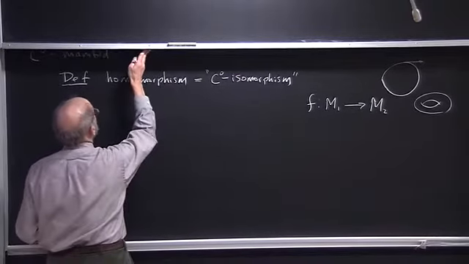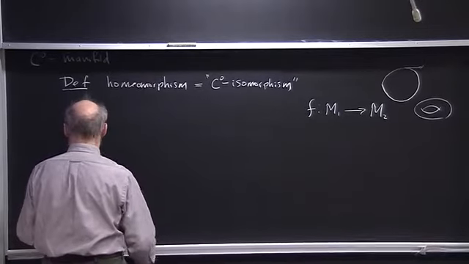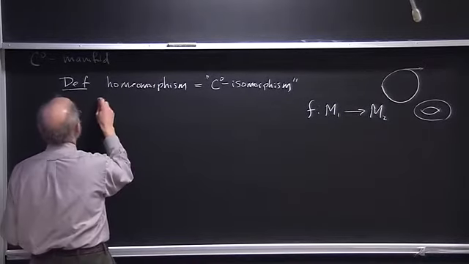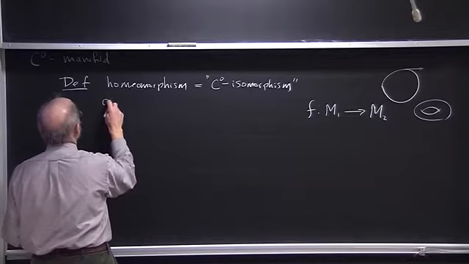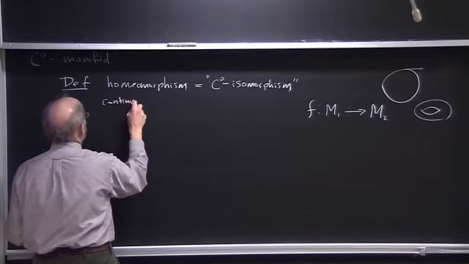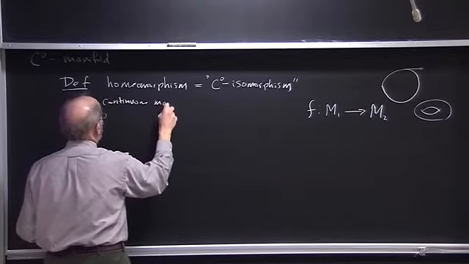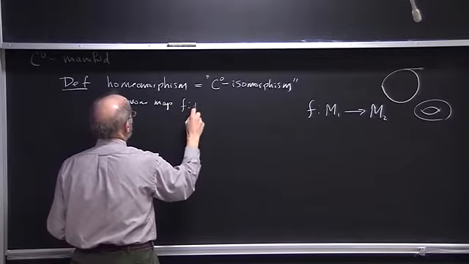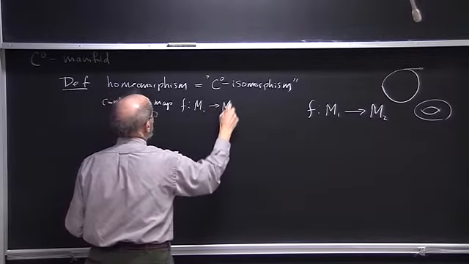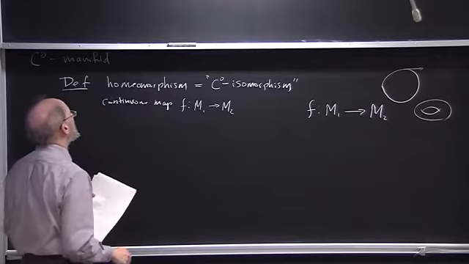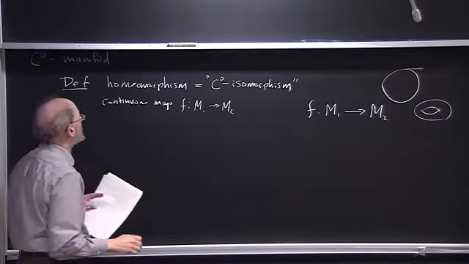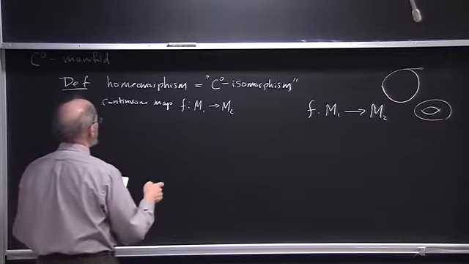So we just have to give that a meaning. Along the way, we'll also give a meaning to a continuous map from one manifold to another. That'll be an ingredient. The definition of homeomorphism would follow immediately from that.